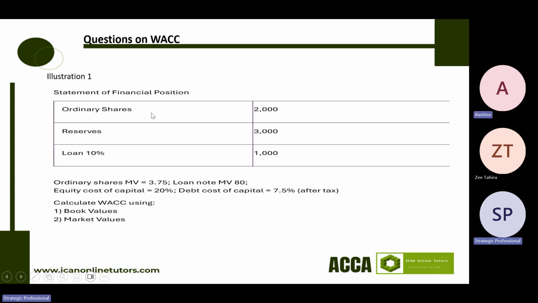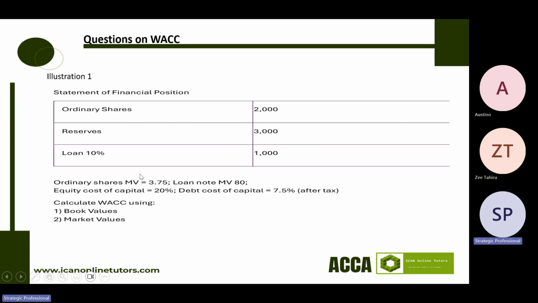Do you remember that? And I said, for you to get the units of shares, it will be this 2,000 divided by the nominal share price of 1 naira to get 2,000 units. If you remember that. Yes, I remember saying that.